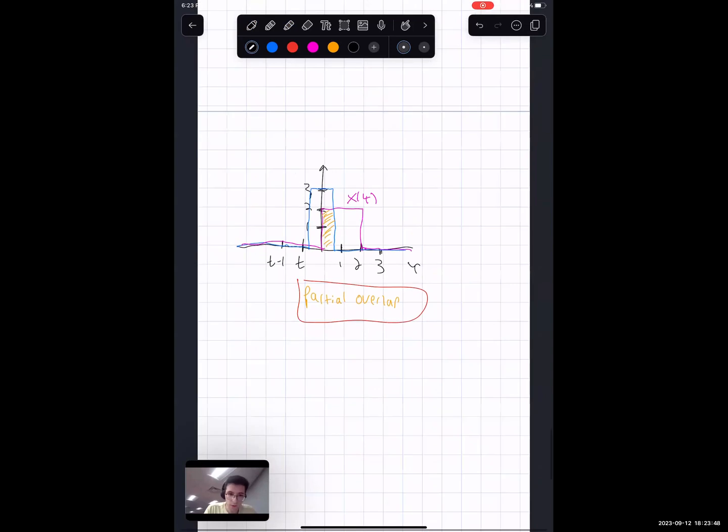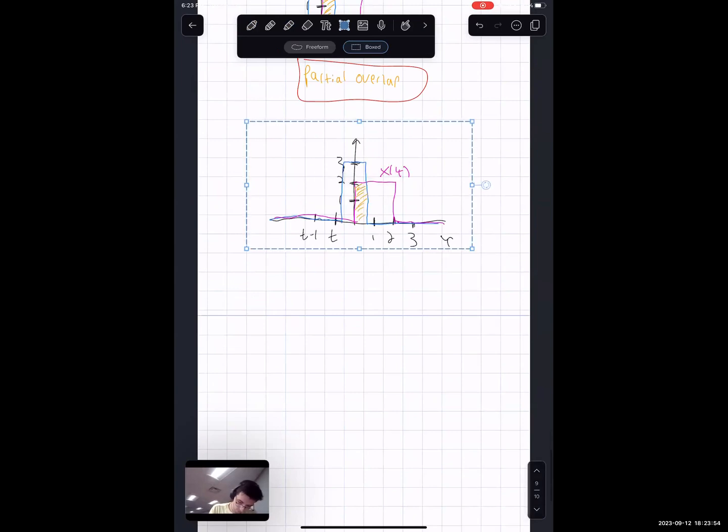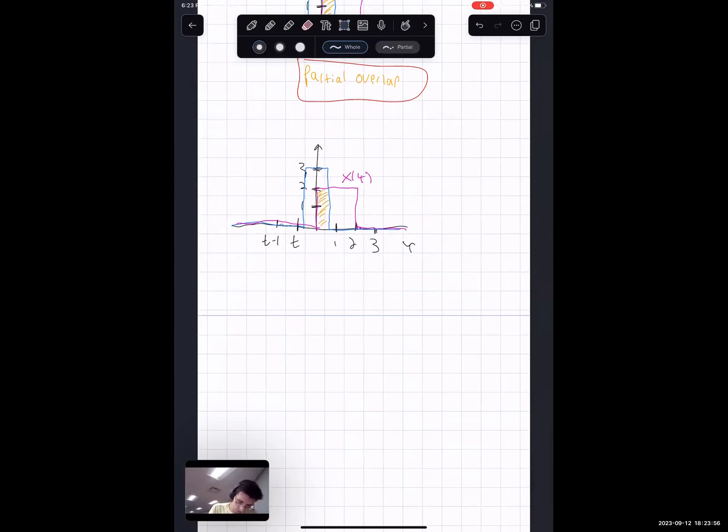Now let's draw the full overlap condition. It's going to look something like this.